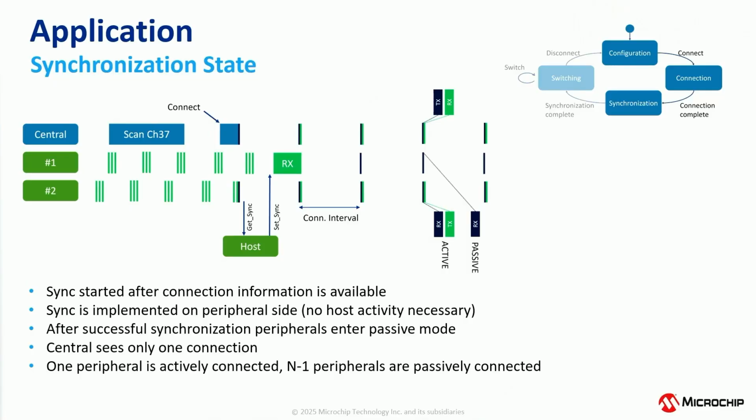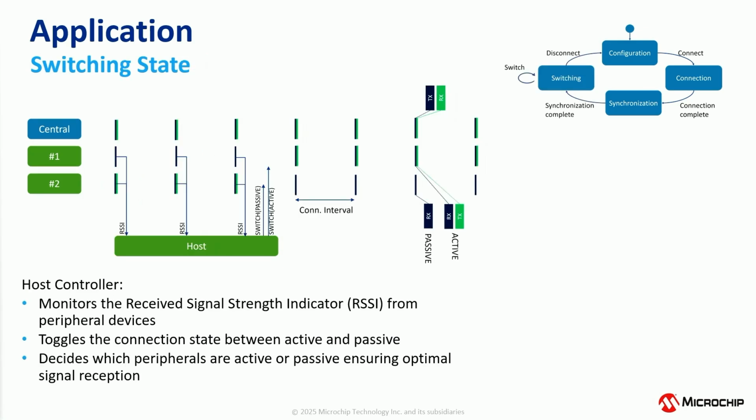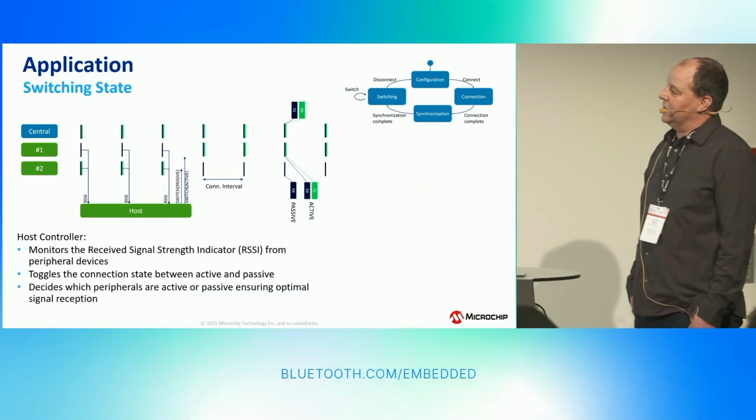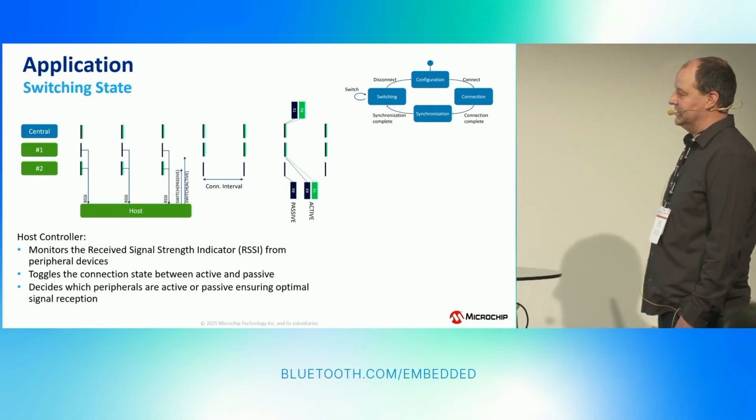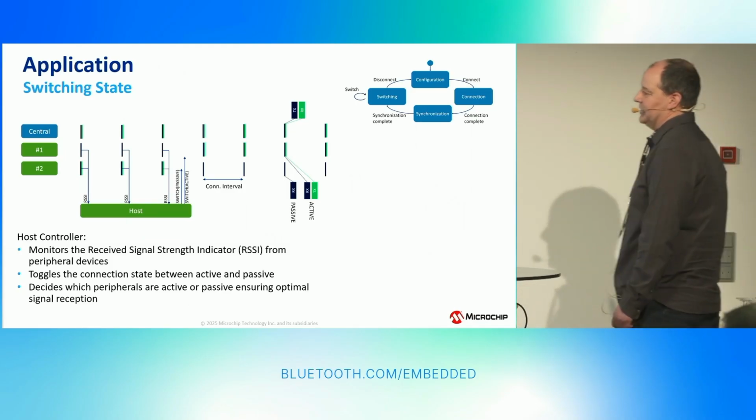So if the synchronization is completed, we enter the switching state. This is the main state. In this state, the connection is done. The peripheral device gets the RSSI information each connection interval, and the host controller has the action to monitor the received signal strength from the peripheral device.